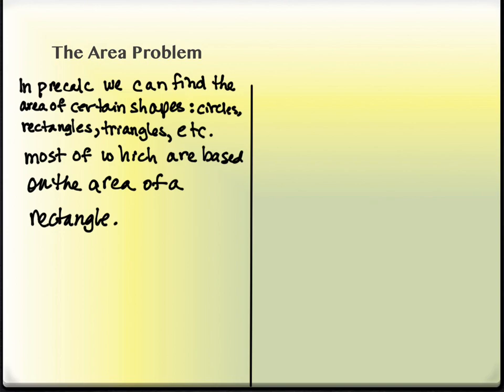For example, you might remember the trapezoid. A trapezoid looks like this. You've got two parallel sides, and then the last one is not parallel to the one across, right? I can use an area of a rectangle formula, piece this together, and find the area of the trapezoid. So most of these, not the ones with circles, but most of the rest, are based on the area of a rectangle formula.